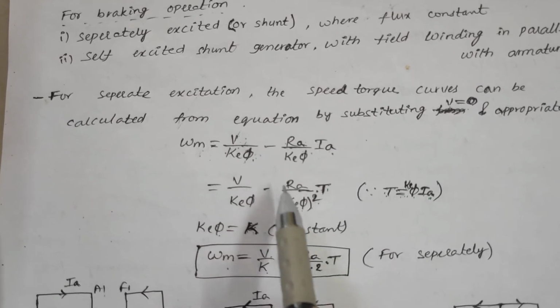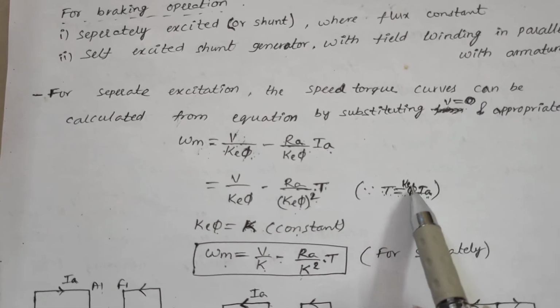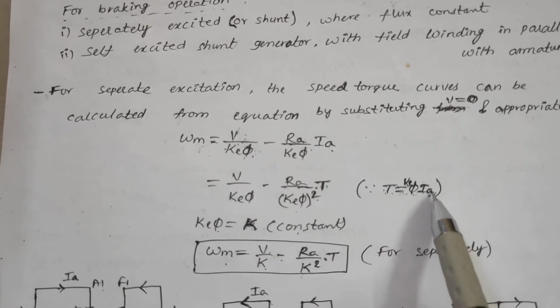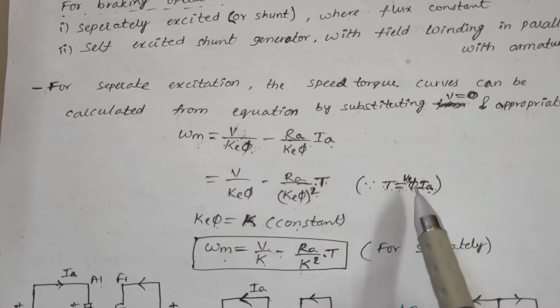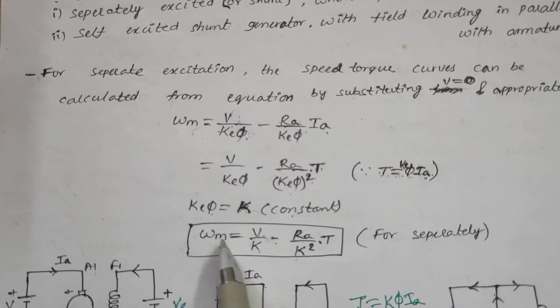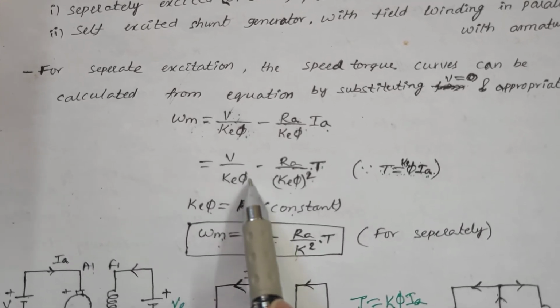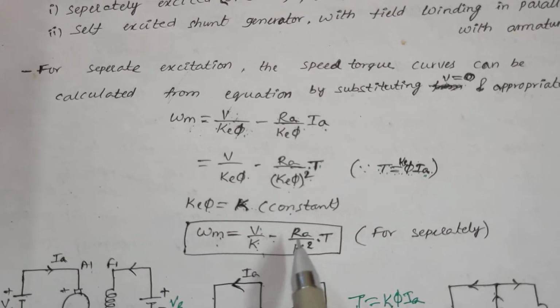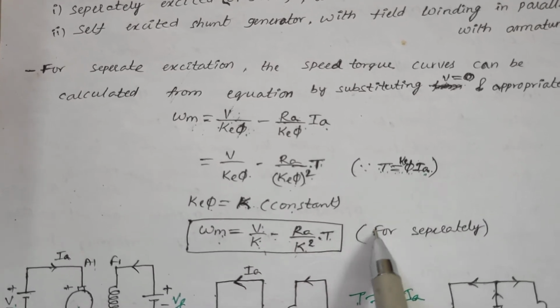For a separately excited motor, torque T is equal to Ke phi Ia. Here phi is also constant, so Ke into phi we can assume as another constant K. If we substitute in the omega m equation, the final equation will become omega m equals V by K, where K into phi is constant K, minus Ra by K square into T. This is for the separately excited motor.